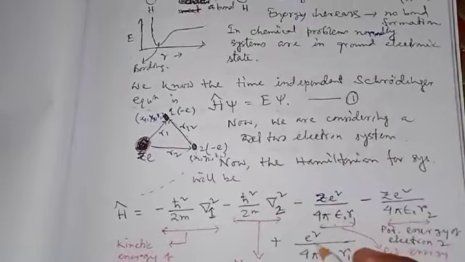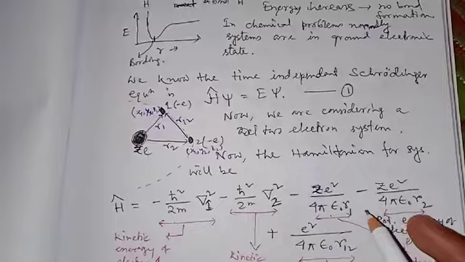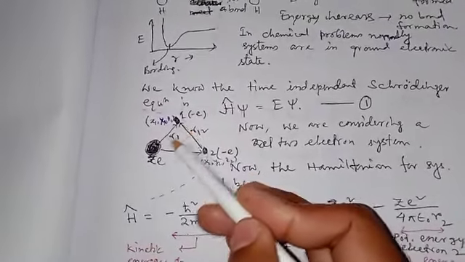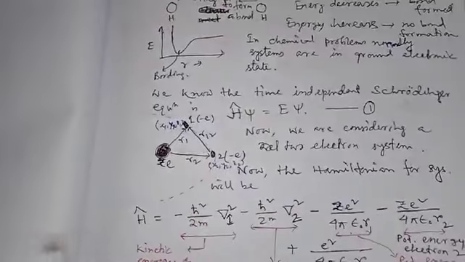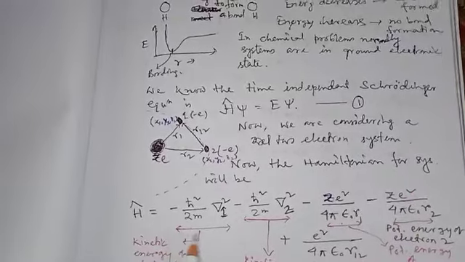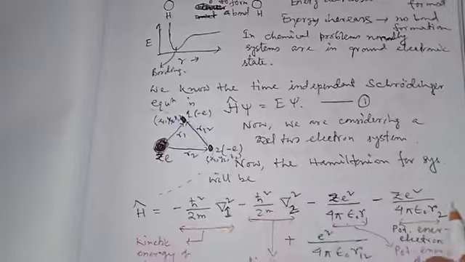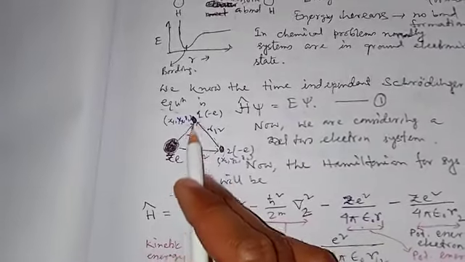So these next two terms represent the potential energy coming from the attractive force working between electron 1 and the nucleus and electron 2 and the nucleus. So these are the four terms coming from the kinetic energy of your two electrons and the potential energy due to the attractive force working between electron and nucleus.